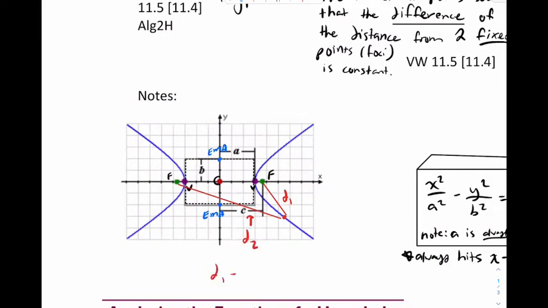If I subtract d1 and d2, taking the opposite value to make sure it's a positive number, that will equal another point. Let's say I go over here, and I call this one d3 and this one d4, that will equal d3 minus d4. So no matter where you pick a point, if you subtract these two lines, you're always going to get the same value. That's all that really means.